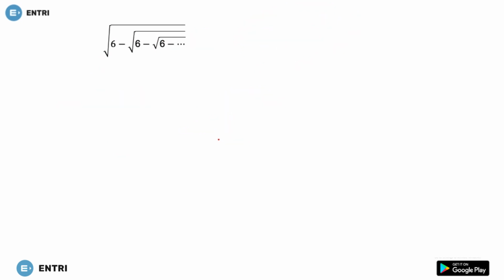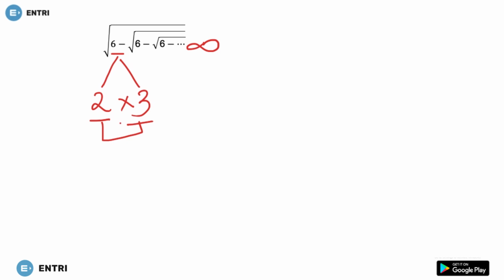See, the next question is root 6 minus root 6 minus root 6 minus root 6 and so on, up till infinity. And when I'm saying up till infinity, I already told you, first of all, you need to check what its factors are, and its factors are 2 cross 3. That means you have 2 digits and the difference is 1, so we are going to get the direct answer.